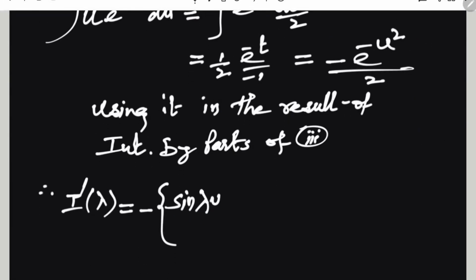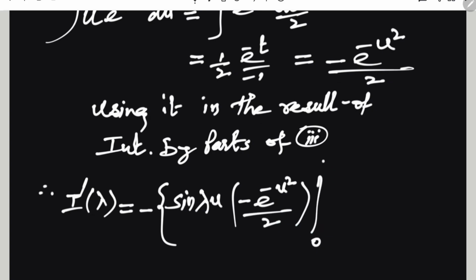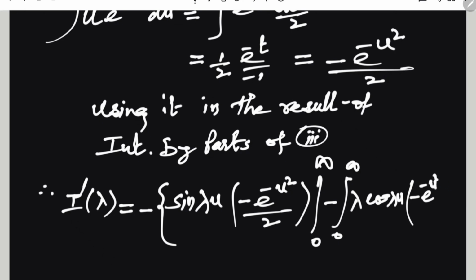Integration of the second term, which we have calculated separately as minus e raised to minus u square by 2, limit from 0 to infinity, minus integration from 0 to infinity, derivative of sine as cos λu into λ, and integration of second again, it is minus e raised to minus u square by 2. This one is the integration by parts.